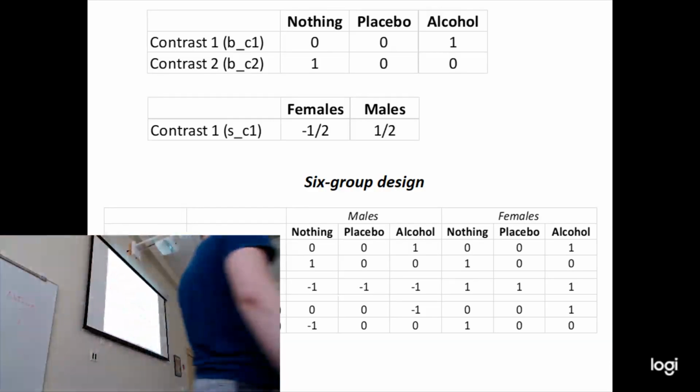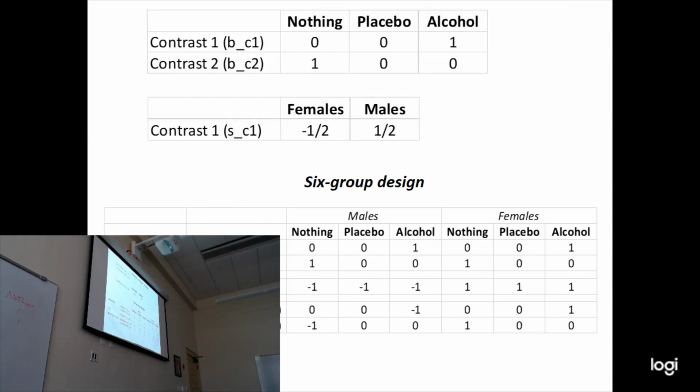So I don't want to keep you too long, but I do want to get to this point. One way of understanding what we're doing is that we have 6 different groups in this design, right? We have 3 groups for males, nothing, placebo, and alcohol, and 3 groups for females.